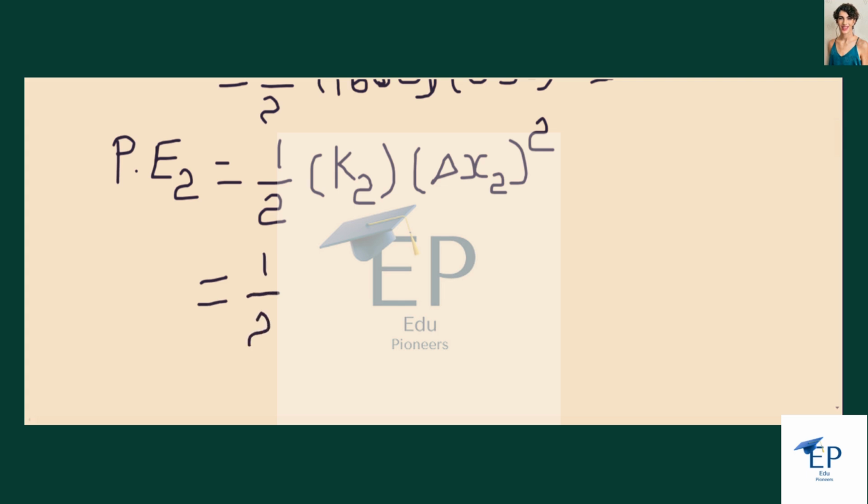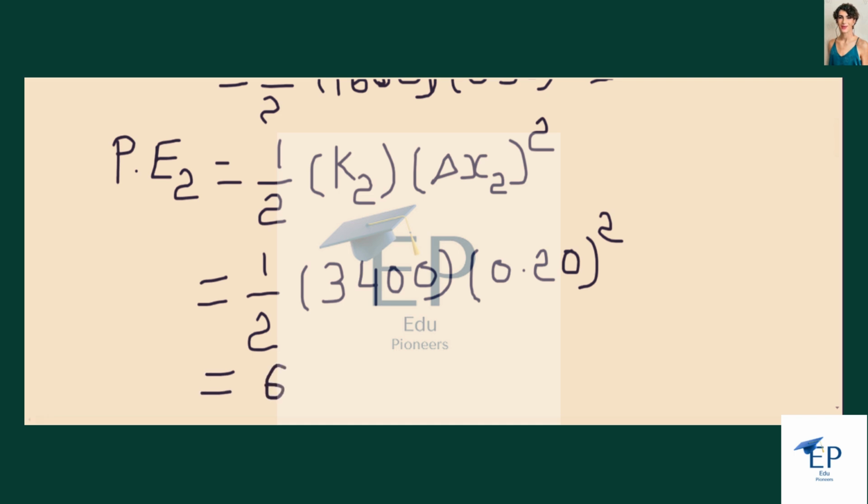Let's put all the values. So 1 half, the K2 value is 3400 and delta x2 is 0.20 square, and the answer is 68 joule.